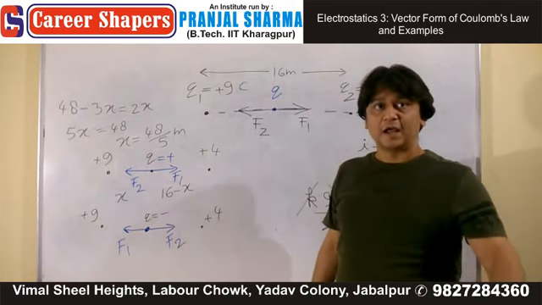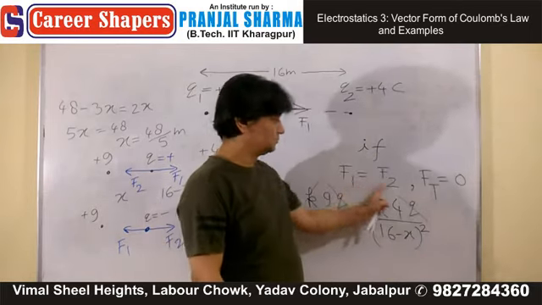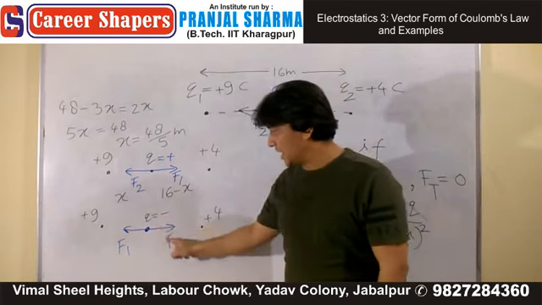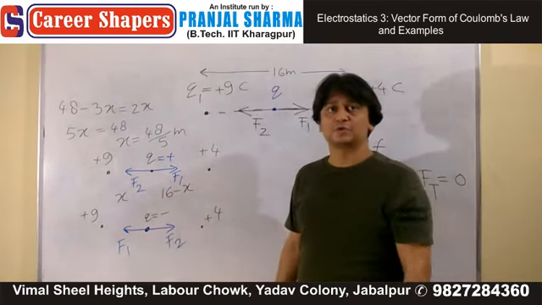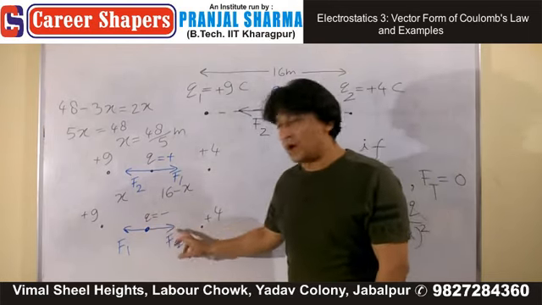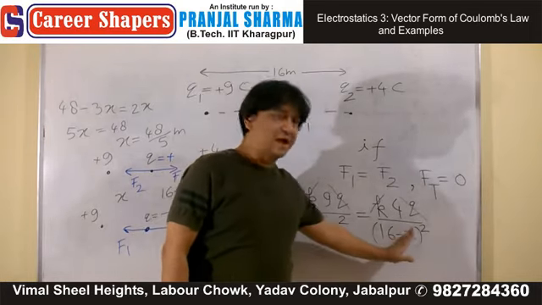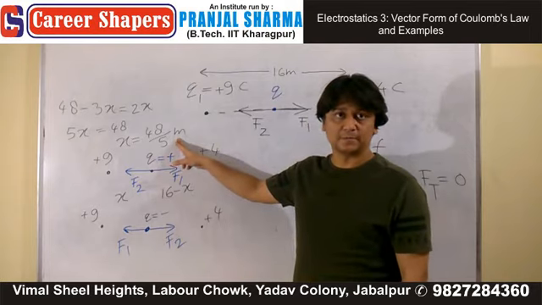But if their magnitudes are equal, they will again cancel each other and therefore the net force will still be 0. And if F1 and F2 are equal, it is the same calculation, therefore the same answer.